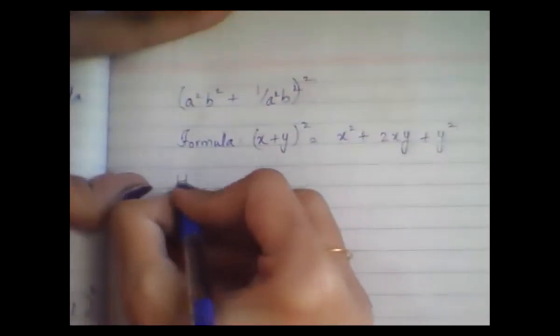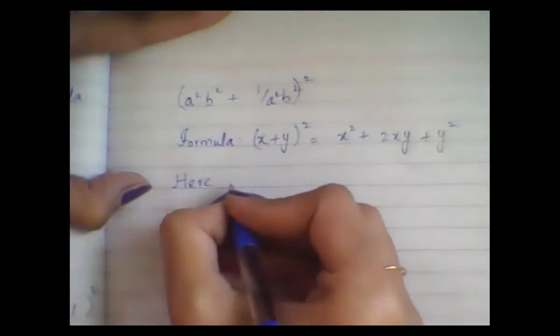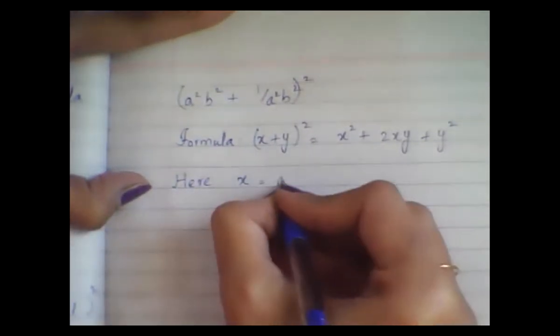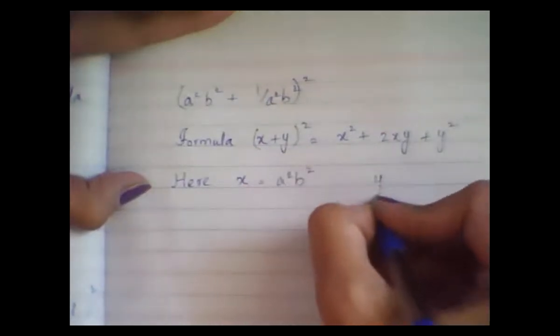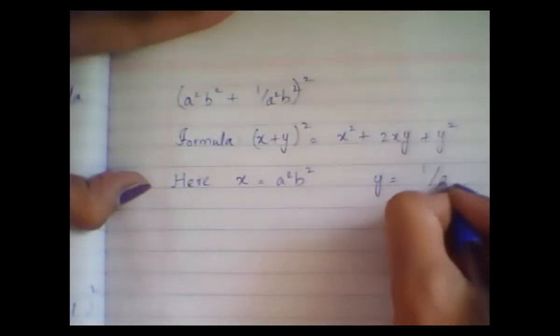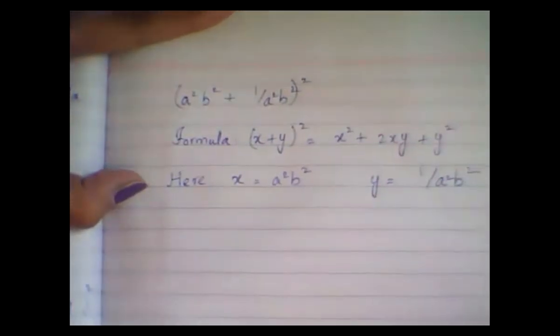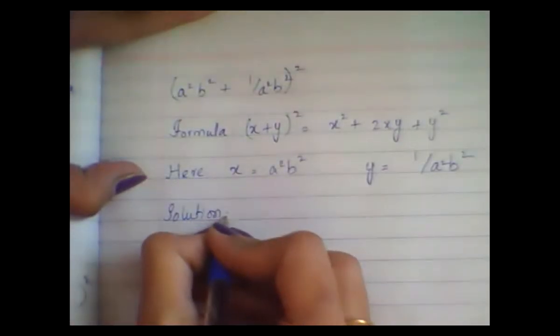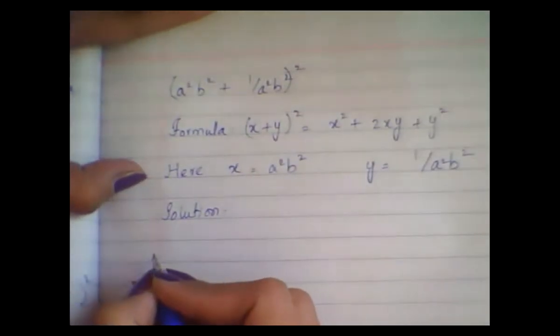According to this formula, here x is equal to a square b square and y is equal to 1 over a square b square. Now let's come to the solution, students.